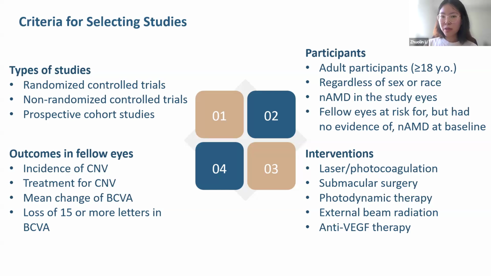Most of the clinical trials will present whether the fellow eye has neovascular AMD in their exclusion criteria. So for that part, I'm not that concerned, but for cohort studies, it's a little bit hard to decide whether the fellow eyes they include have the hypertension. So that's also my concern about that.